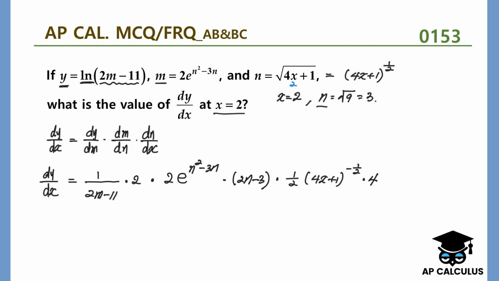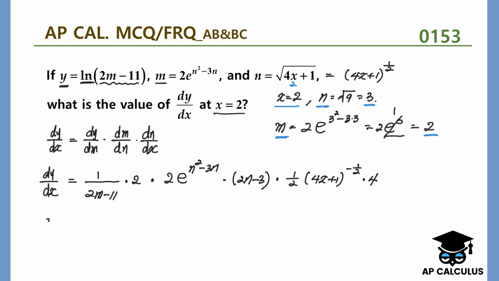When n is equal to 3, what is the value of m? m is equal to 2e to the (3 squared minus 3 times 3), 9 minus 9, right? So that's 2e to the 0. This is equal to 1. So 2 times 1, that's 2. So when x is 2, n is 3, m is equal to 2.